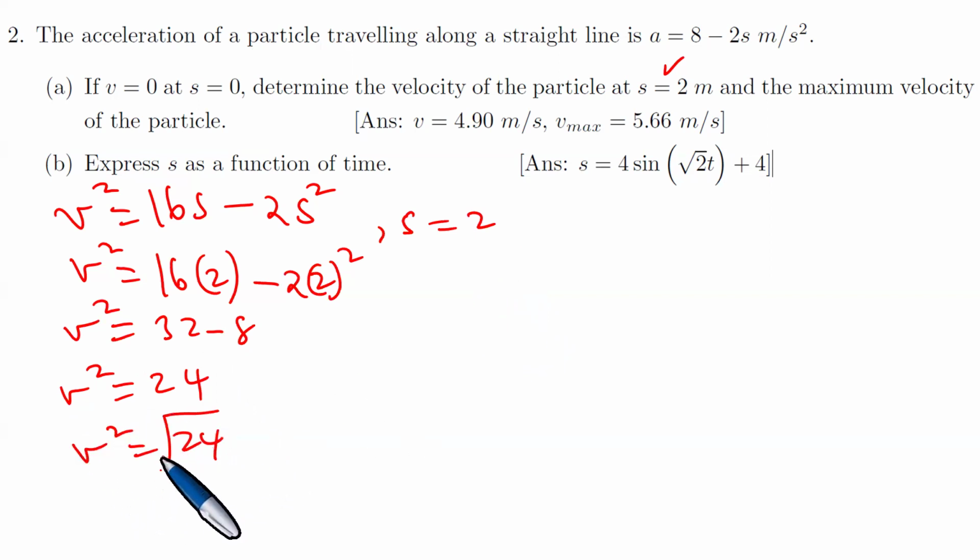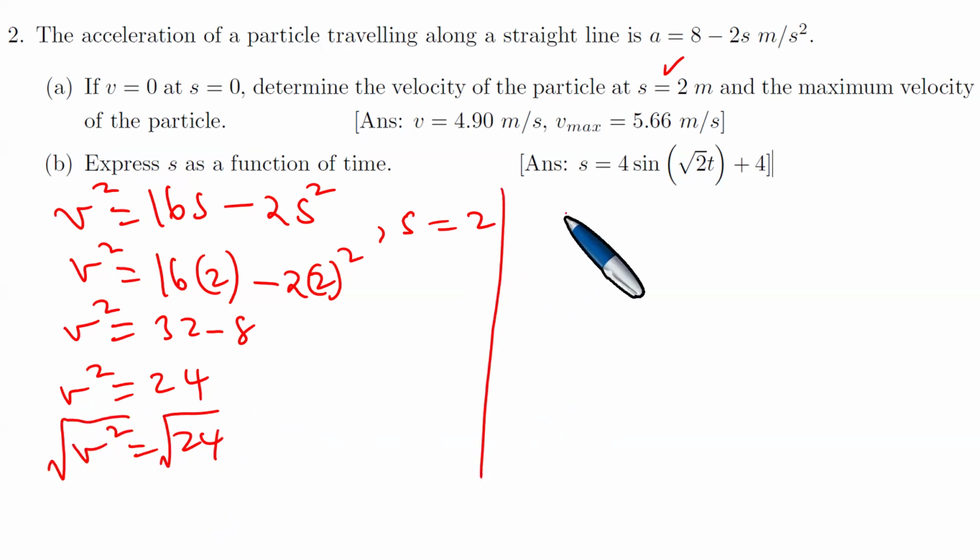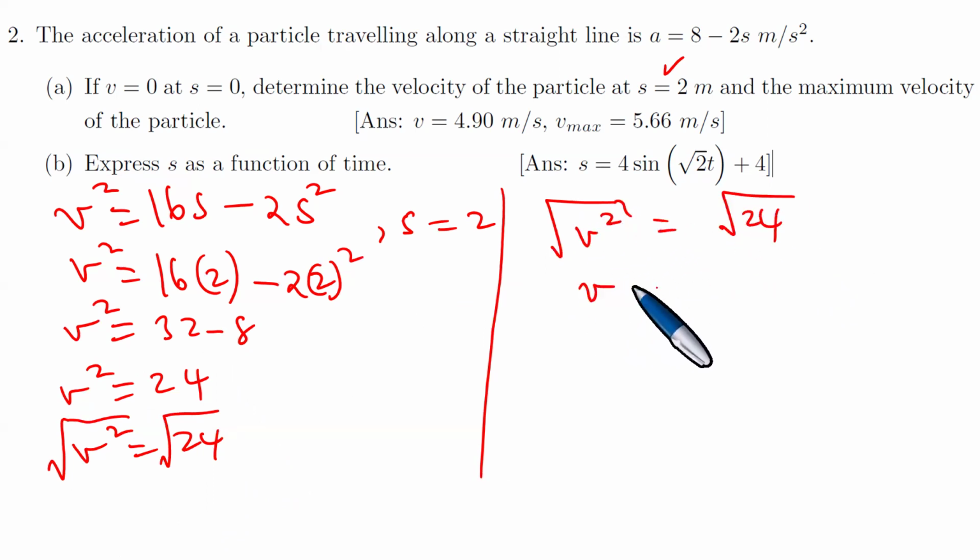Take the square root. If the square root of v squared equals the square root of 24, v equals the square root of 24.